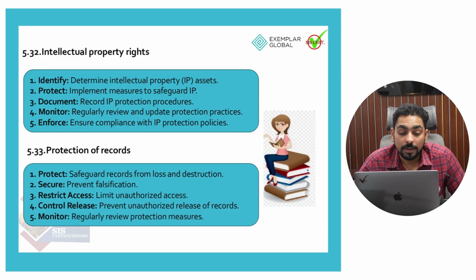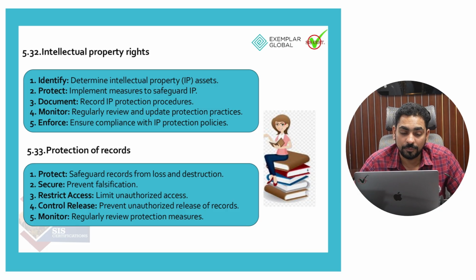So identify and determine intellectual property (IP) assets, implement measures to safeguard IP, record IP protection procedures, regularly review and update protection practices, and ensure compliance with IP protection policies. You need to have a proper documented structure for it.